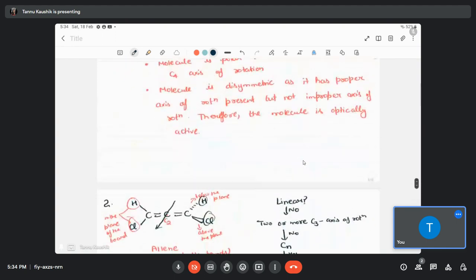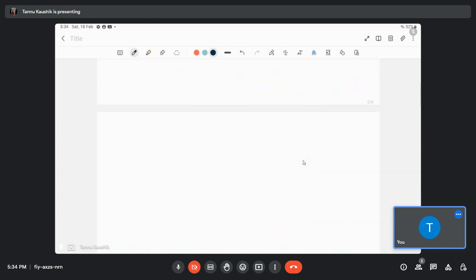So, let us look into another example, which is a trigonal bipyramidal geometry of PBrCl4. Instead of PCl5, we have PBrCl4. One chlorine is substituted with one bromine.